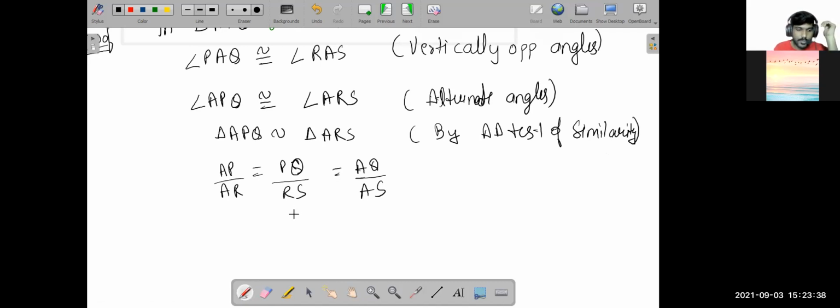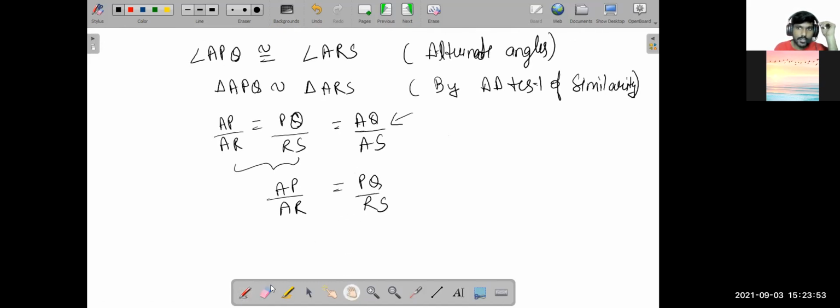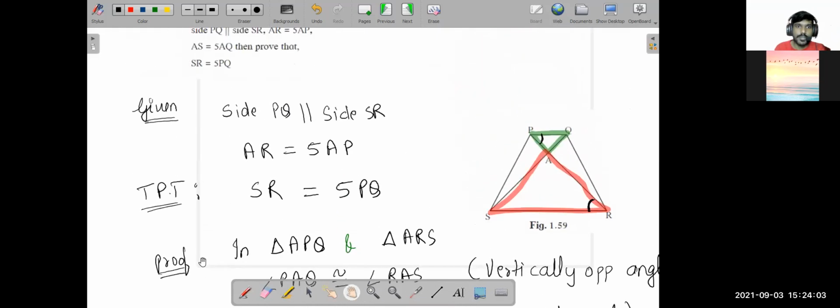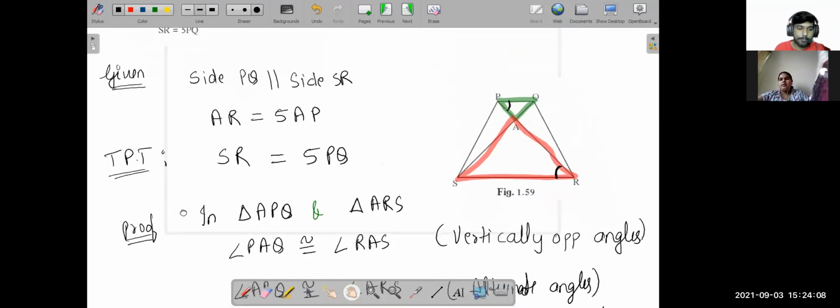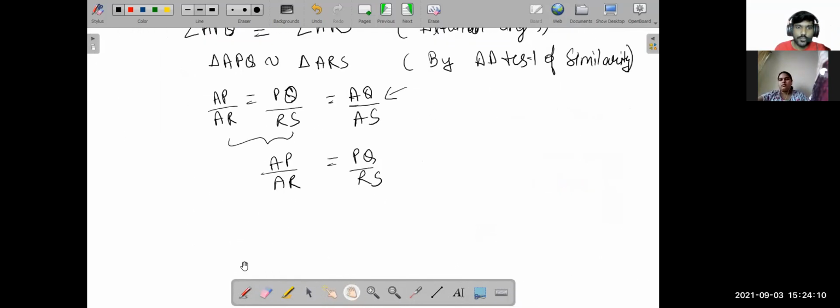Now since sides are in proportion, we don't require this. Just take the first two ratios only. AP upon AR is equal to PQ upon RS. Substitute the values. What is the value of AP? Okay, value of AP is not given, so we'll write it as it is.